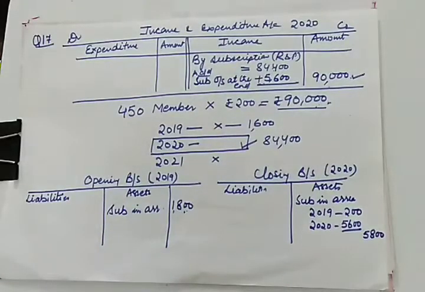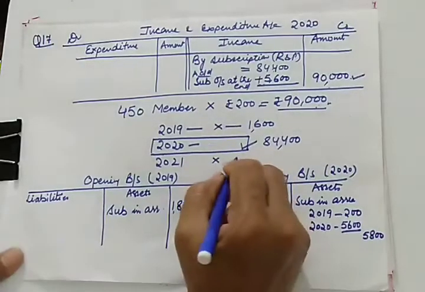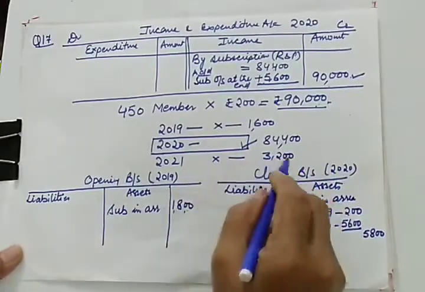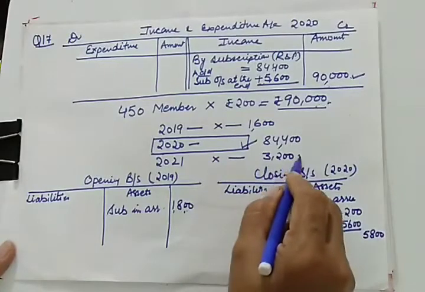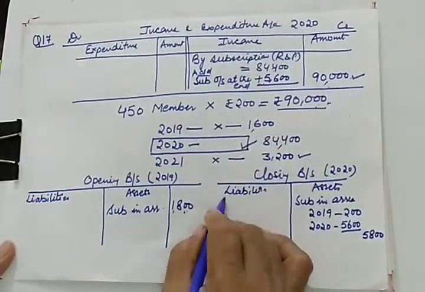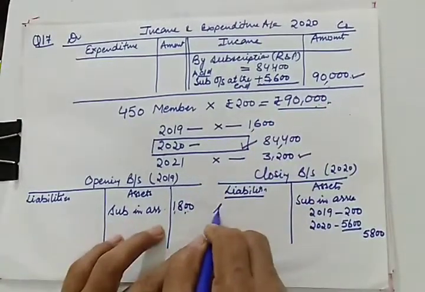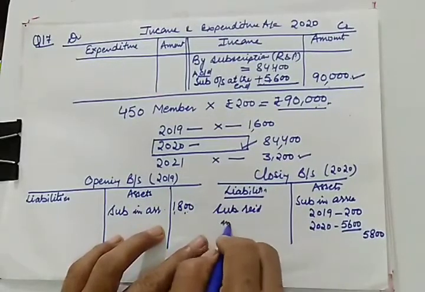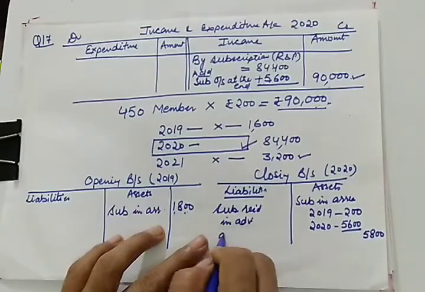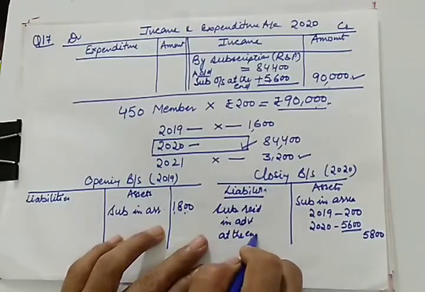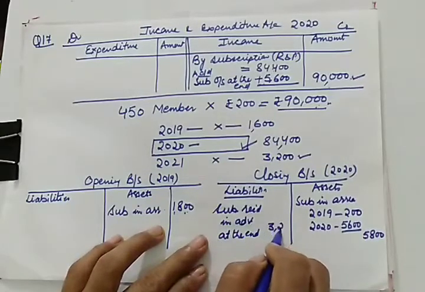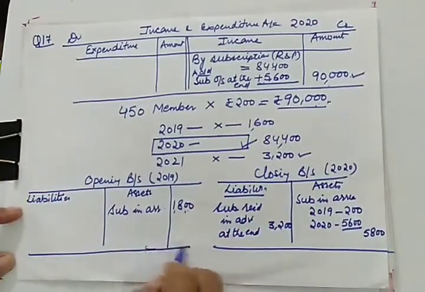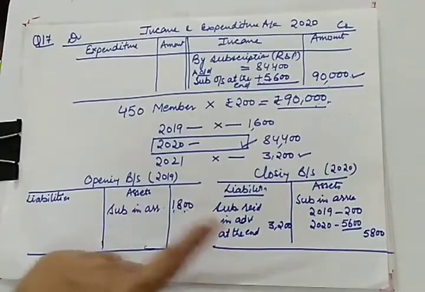And the second detail: subscription received in advance, which is 3200, and you are receiving this in the current year, so this becomes our liability. This can also be commonly known as subscription received in advance at the end of the year. So this is 3200. This is how you are going to show the details in the balance sheet also.